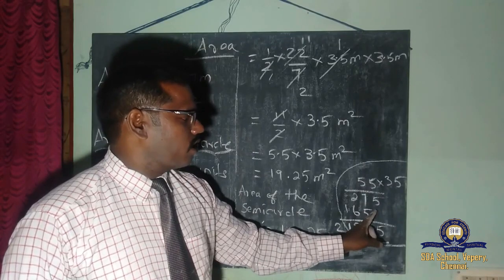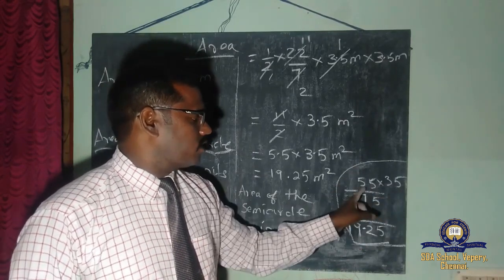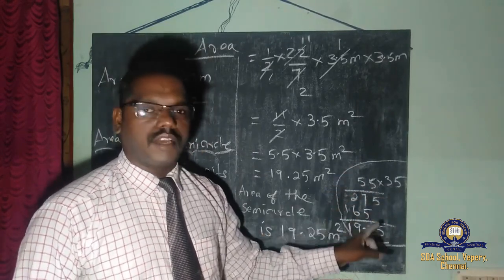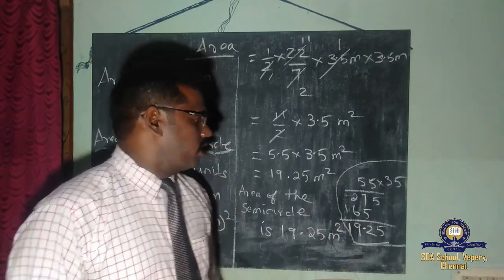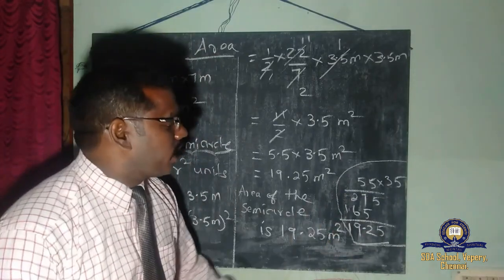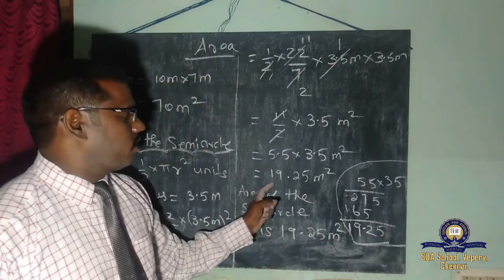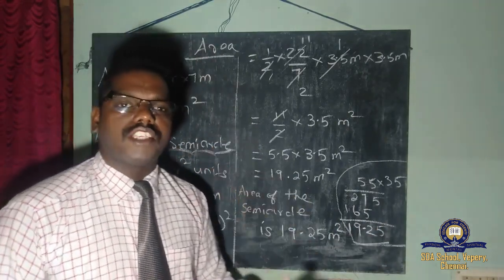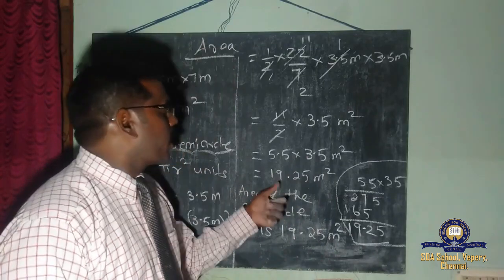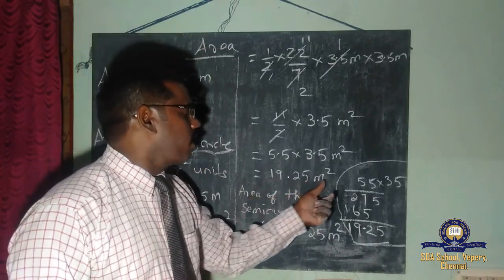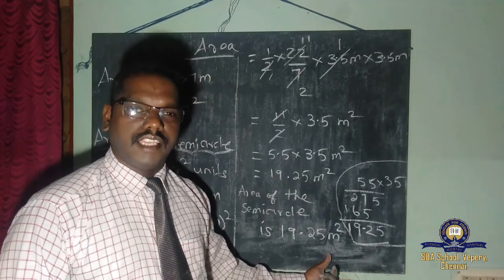I will put here 5 remaining 2. Then again 5 5s are 25, it will become 27, like that only. You do and see. Then after that, our answer is 19.25. So I have written here the area of the semicircle is 19.25 meters square, isn't it?